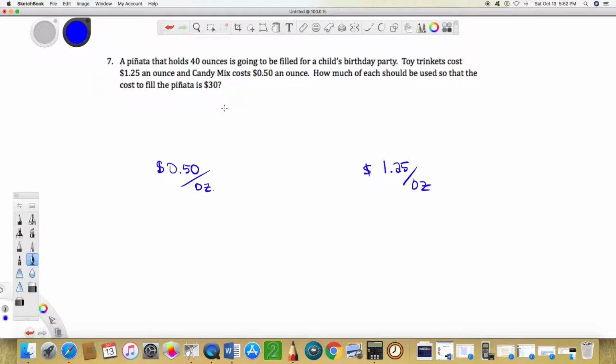So if we want dollars per ounce, we'll take the $30 for the pinata and divide it by the 40 ounces. And so then that simplifies to 75 cents per ounce. And that's our mixture.